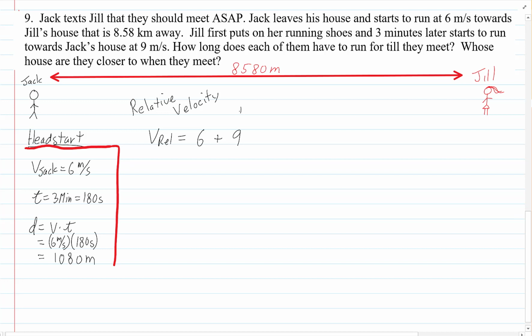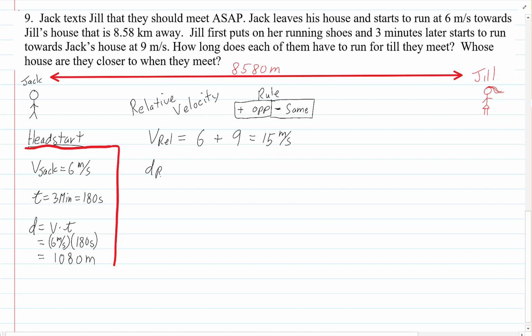Because if they're towards each other, they're in opposite directions. We add them. And if they're the same direction, we subtract. So that's the rule: since they're in opposite directions, heading towards each other, this speed is 15 meters per second.